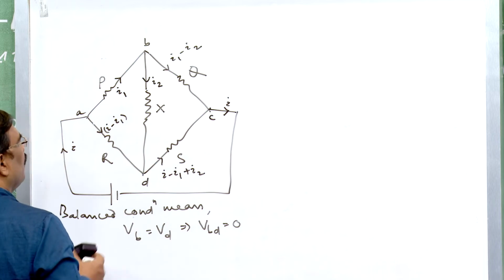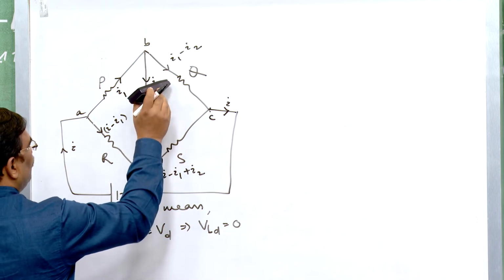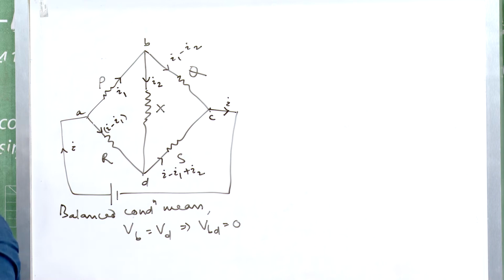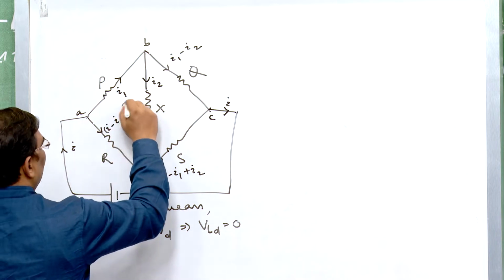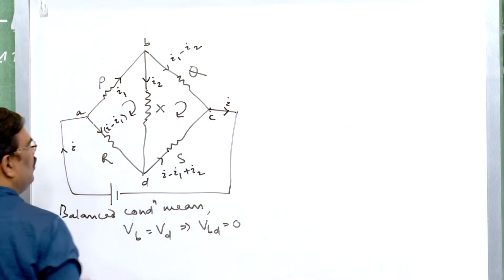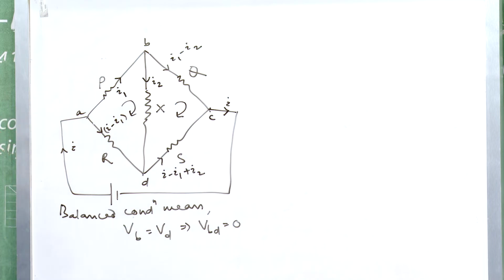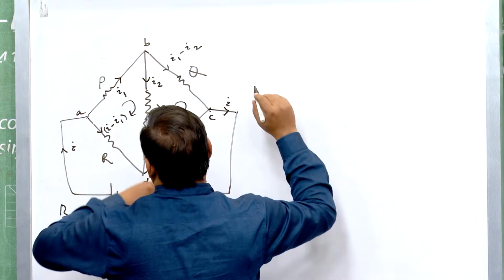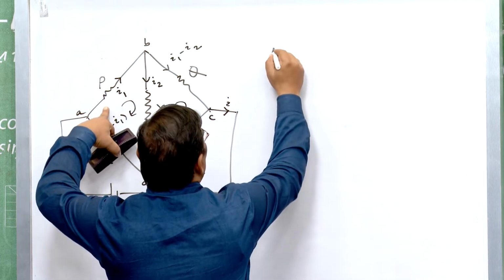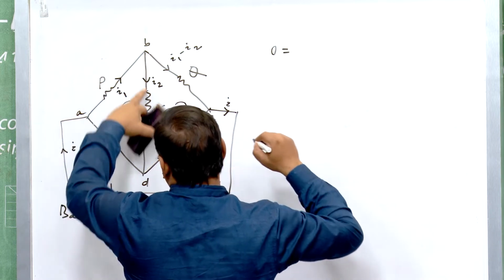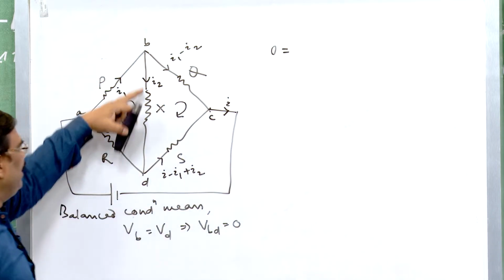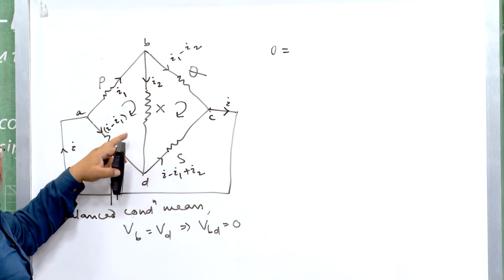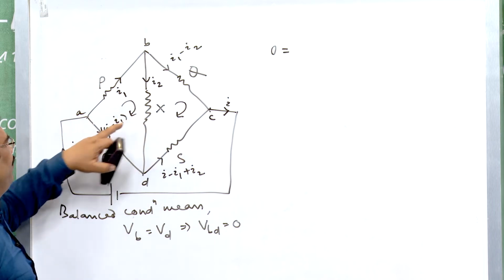Now, to find out the value of I2, which is 0 in case of balanced condition, let us apply Kirchhoff's second law to these two networks. In the first network, what I get? 0 equal to, since there is no EMF present inside the two meshes, therefore the EMF is 0.